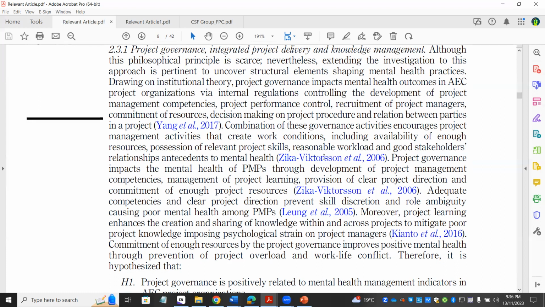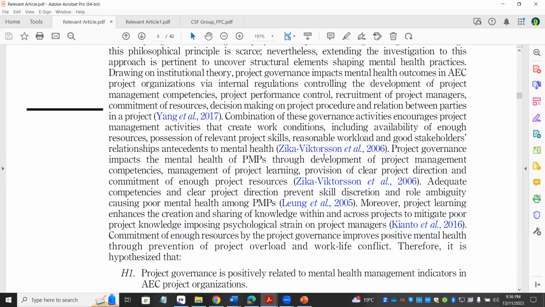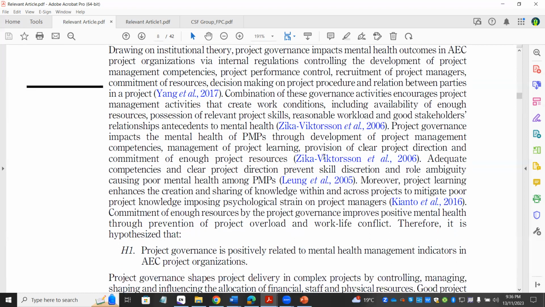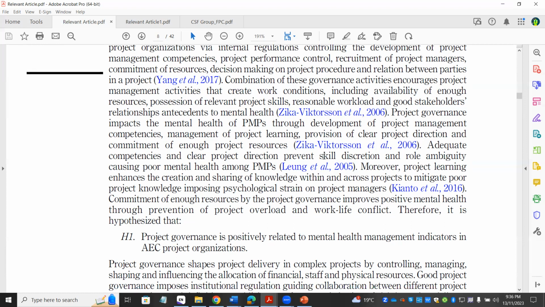Project governance impacts the mental health of PMPs through development of project management competencies, of project learning, provision of clear project direction, and commitment of enough project resources. Adequate competencies and clear project direction prevent skill discretion and role ambiguity causing poor mental health among PMPs.